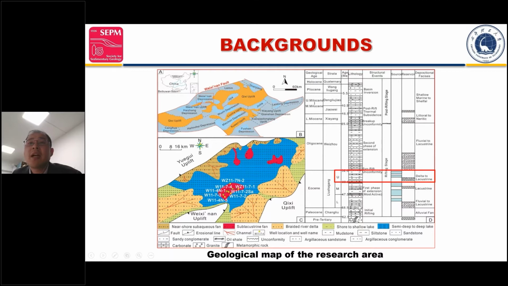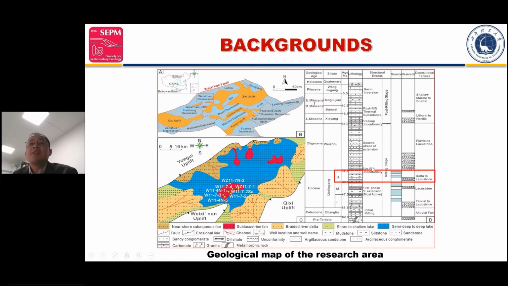This is a typical lacustrine basin, which experienced initial rifting in the Paleogene, and in the later Eocene, in the upper part of the Liushagang Formation, the water depth of the basin reached its maximum.